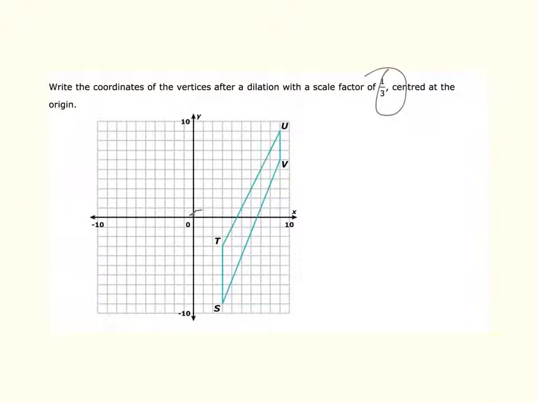So again, we go through the same thing. We're looking to see the vertices, the corners, and dilation, which is a fancy way of saying enlargement. So let's determine what the current coordinates are. U is currently at 9, 9.